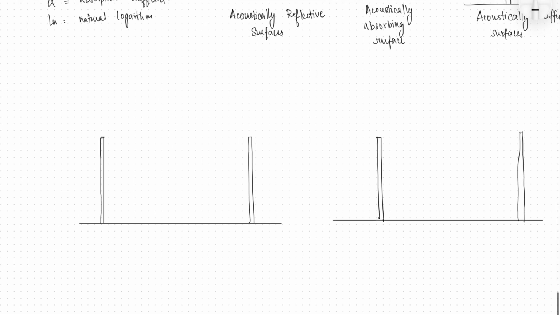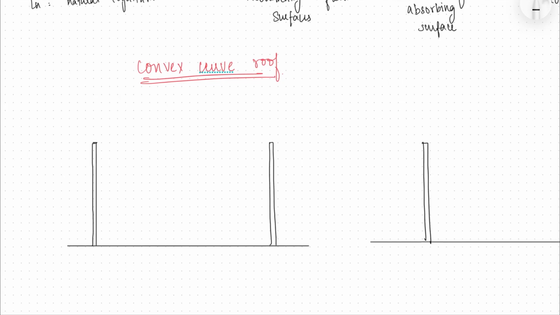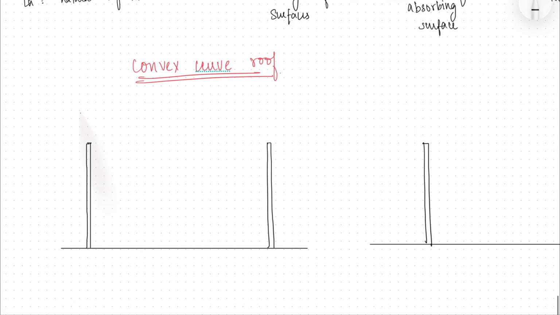So the answer is convex curved roof. Okay, so what is a convex roof? It curves outward, so that is your convex roof.